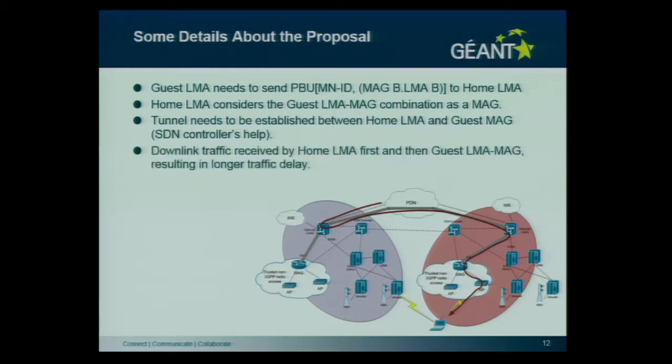And the downlink traffic will still be received by this home LMA due to the unchanged IP address. The side effect is the traffic will have to travel a longer path, just as you can see here.